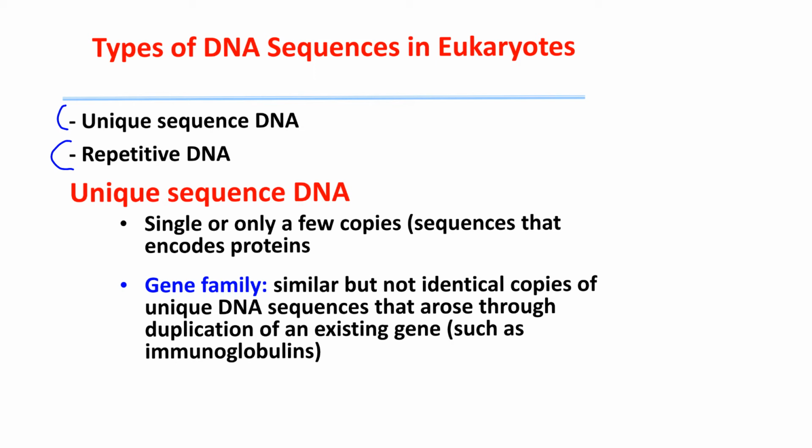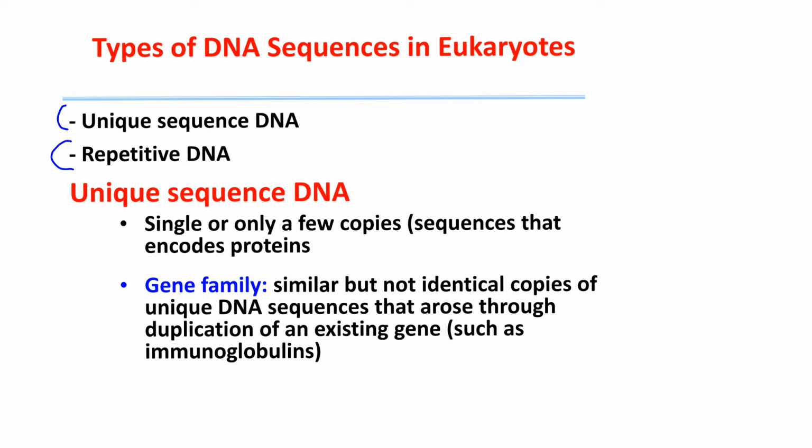Sometimes you can find similar but not identical sequences of DNA, and these sequences actually arose by duplication of an already existing gene, duplication and rearrangements, and we call this kind of DNA sequences gene families.